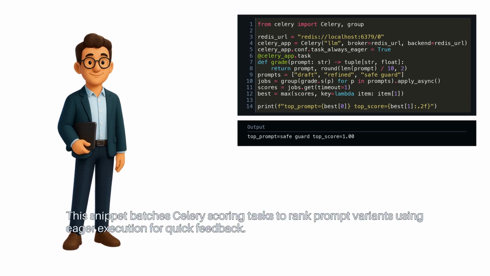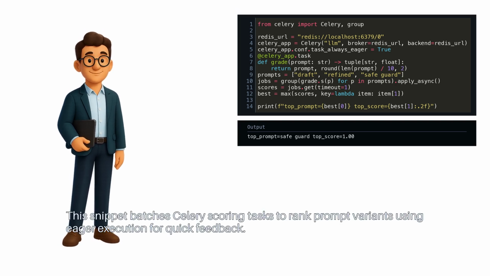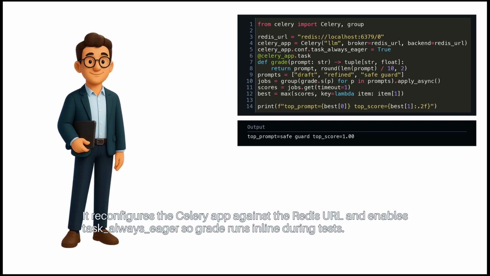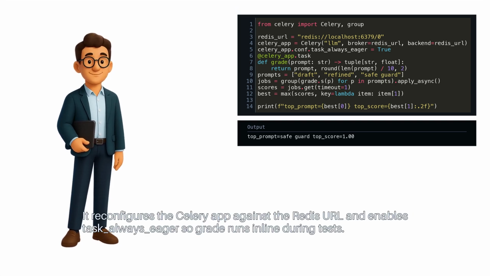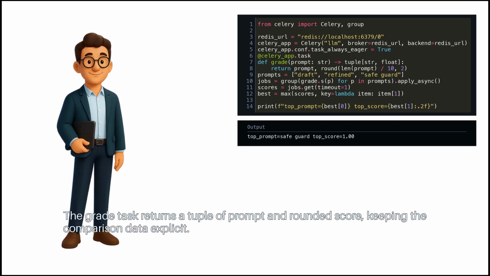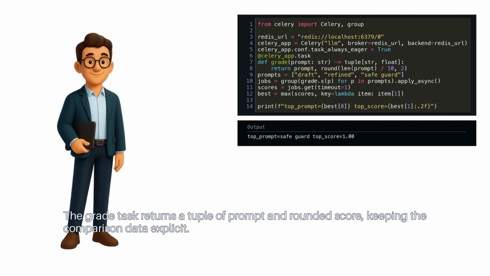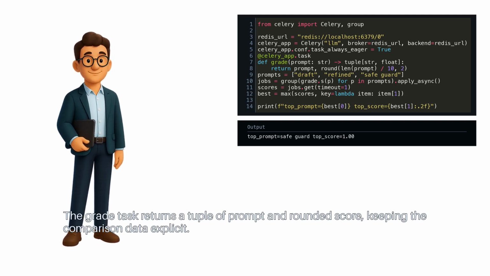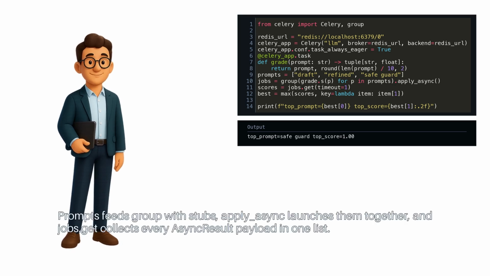This snippet batches Celery scoring tasks to rank prompt variants using eager execution for quick feedback. It reconfigures the Celery app against the Redis URL and enables task_always_eager, so grade runs inline during tests. The grade task returns a tuple of prompt and rounded score, keeping the comparison data explicit.